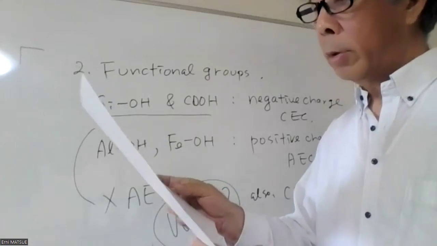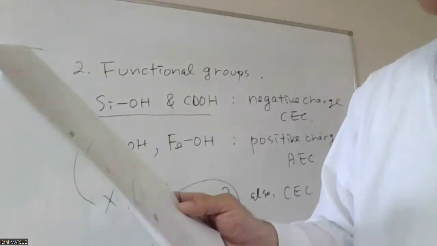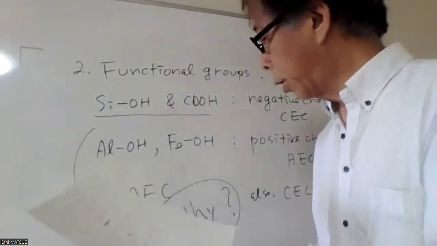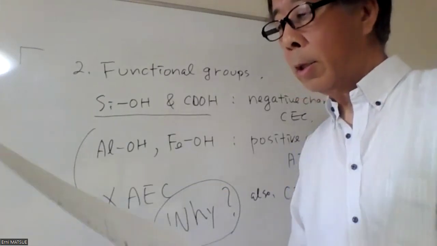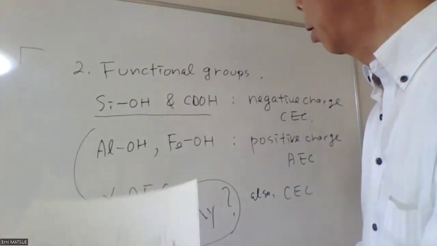So let's go to figure 7. Figure 7 is the CEC and AEC of soil.